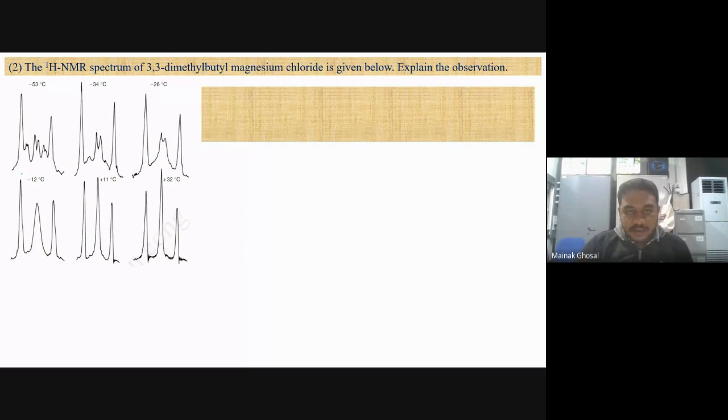So I'm just drawing the structure. Okay, so 3,3-dimethyl butyl magnesium chloride looks something like this.